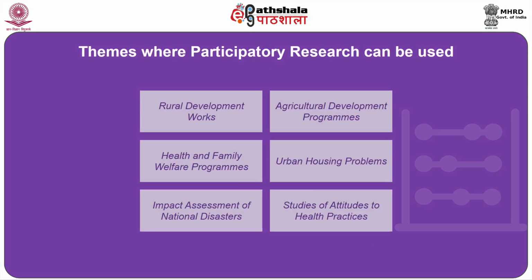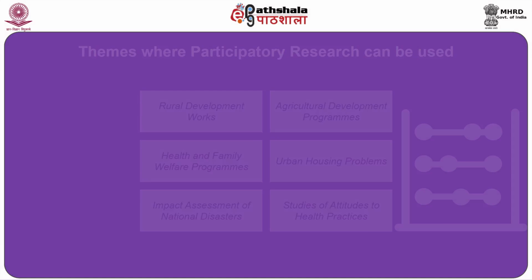Areas where participatory research can be used include rural development works, agricultural development programs, health and family welfare programs, urban housing problems, impact assessment of natural disasters, and studies of attitudes to health practices.